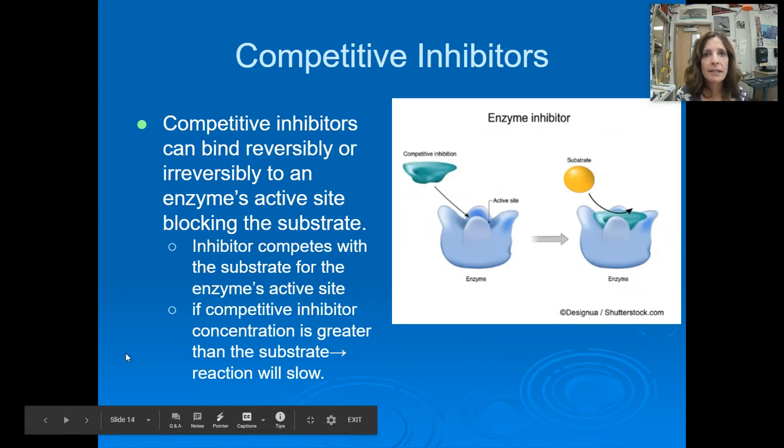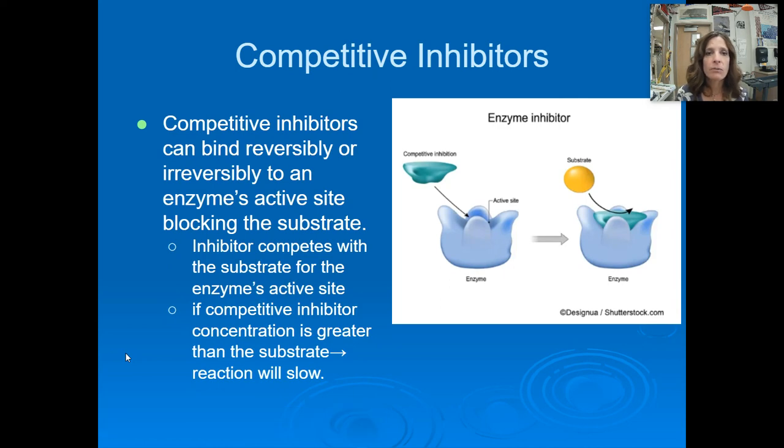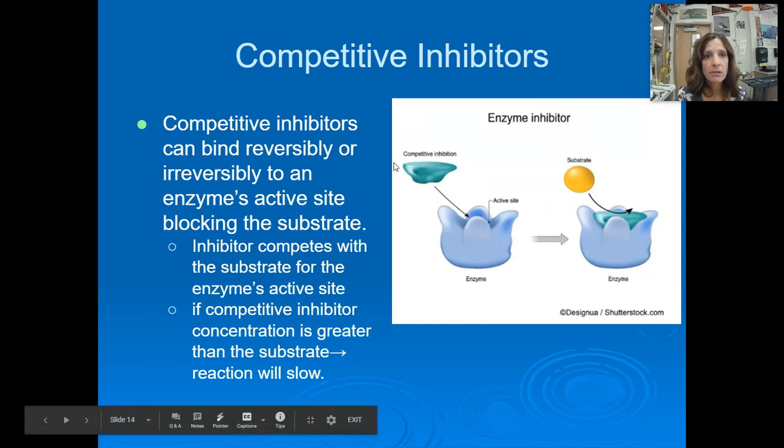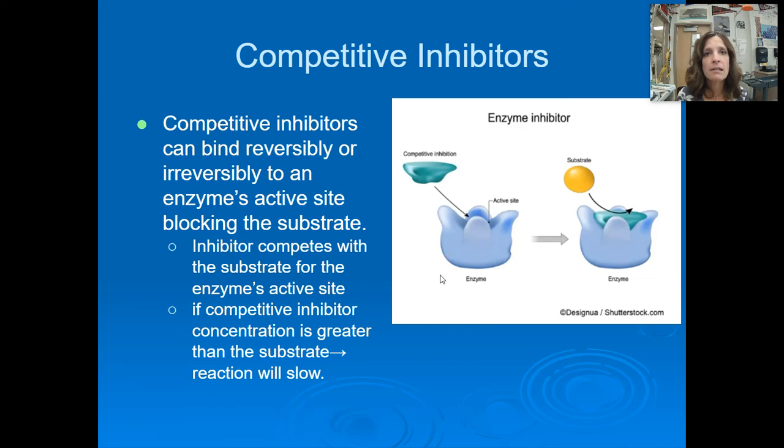So what are some other things that can change the reaction rate? Well, you can have inhibitors, and there's two kinds. The first one we're going to talk about is competitive inhibitors. I think the picture would be great to draw. Actually, any of these graphs that are on this page or this PowerPoint would be great to draw. So this is your enzyme, here's your active site. And what happens is a competitive inhibitor fits into that active site so that the substrate can't.